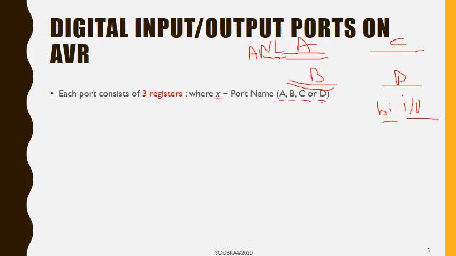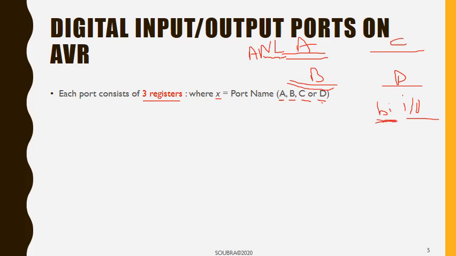Alright, so according to the datasheet, we have 3 different registers. One major thing that you need to set up your ins and outs is definitely to choose the direction, because remember, they're bidirectional.